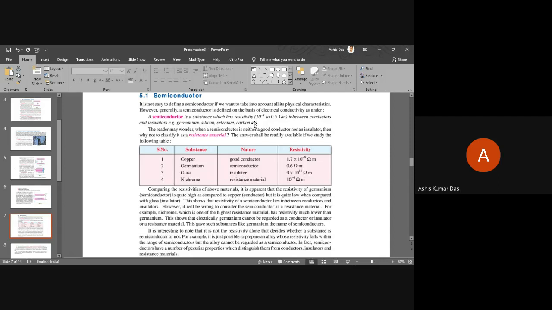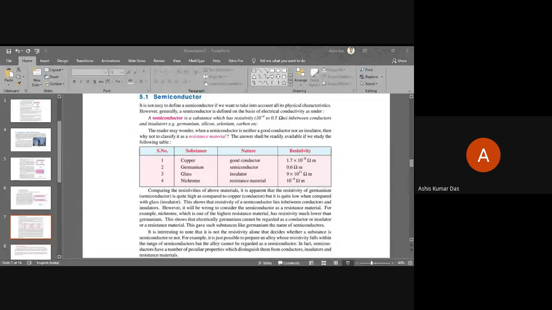So how are we defining the semiconductor? It has been defined in terms of resistivity, which lies between 10 to the power minus 4 and 0.5 ohm meter. But in some examples, we can see that only by this resistivity we cannot accurately define what is a semiconductor and what is not. In the given table, we have four substances: copper, germanium, glass, and nichrome.